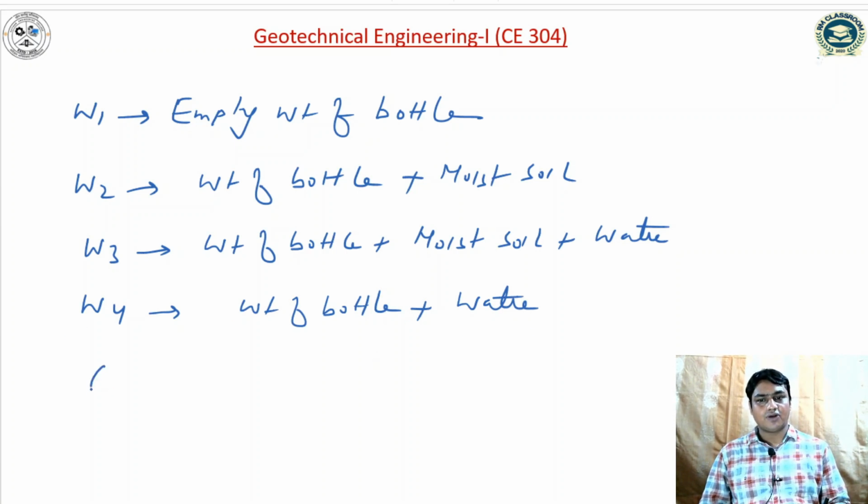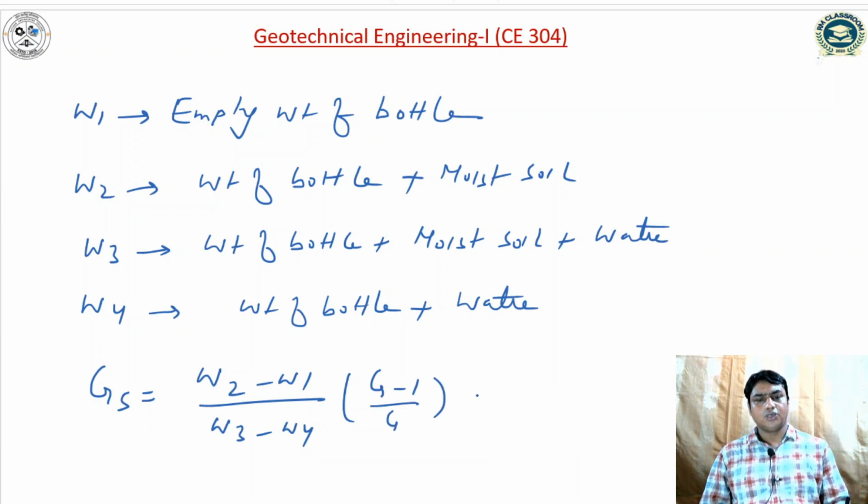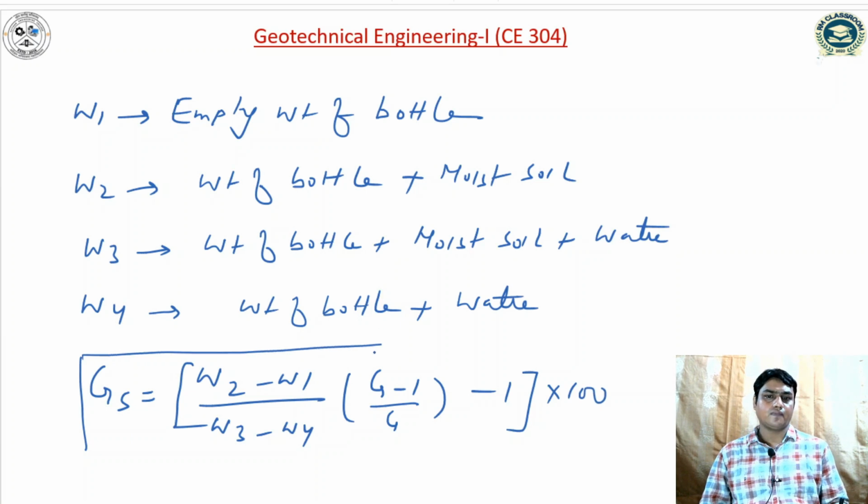So the expression is W2 minus W1 divided by W3 minus W4 into G minus 1 divided by G minus 1 into 100.